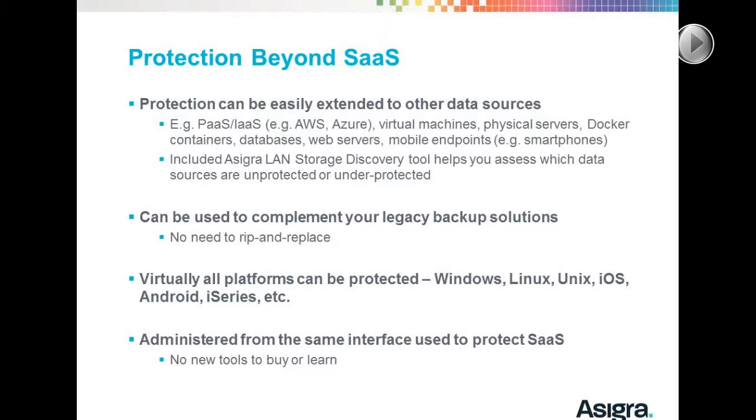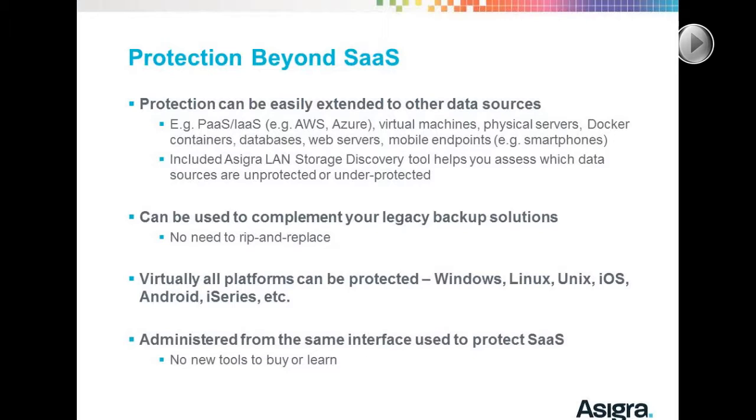And it includes capabilities such as our LAN storage discovery tool, which you can use to help you identify data sources that are currently not protected or maybe underprotected, or even data that you don't use at all, which could be deleted or archived, saving you storage.